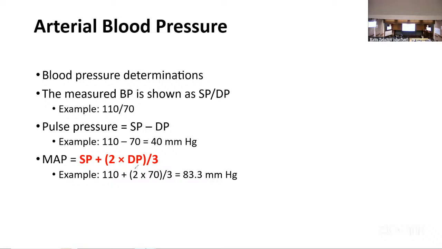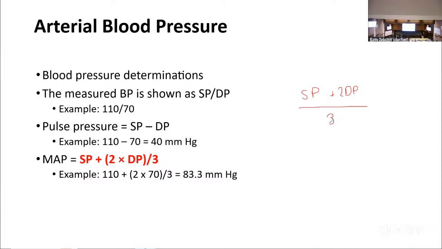Diastole is twice as long as systole, so we add systolic pressure plus our diastolic pressure times 2, because it's twice as long. Then we take that whole quantity and divide it by 3. That's our weighted average giving us our mean arterial pressure. Over the course of a minute, that's essentially the average amount of blood pressure you'd have in the aorta.